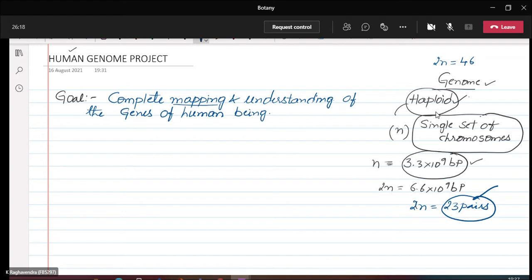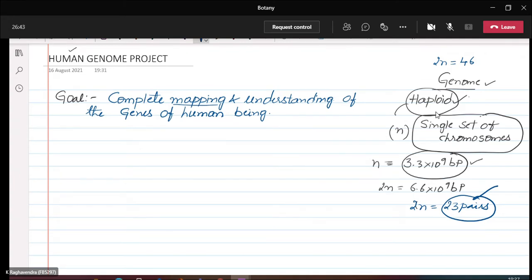For example, a gene causing Alzheimer's, a gene causing cardiovascular disorders, a gene responsible for any other disease, or for a particular character, where are they located, on which chromosome? First chromosome, second chromosome, third chromosome.